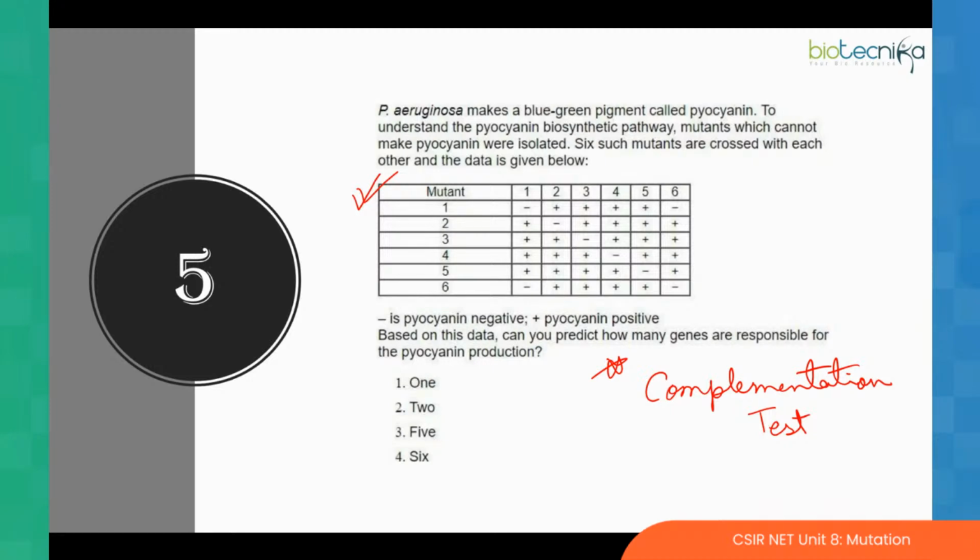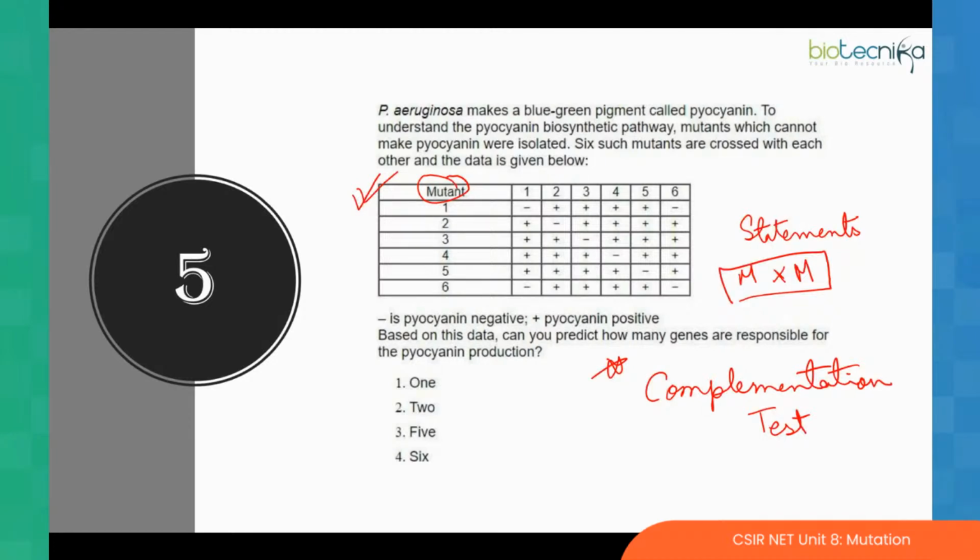Crosses between different pairs of mutants are the biggest clue for a complementation test. Whether it is given in the form of a table or mentioned in the question as statements, you have to identify that mutants are crossed with mutants in different pairs. If that is there and we are analyzing the result of that cross, it means we are doing a complementation test.